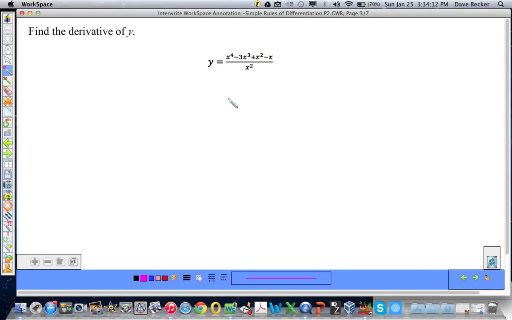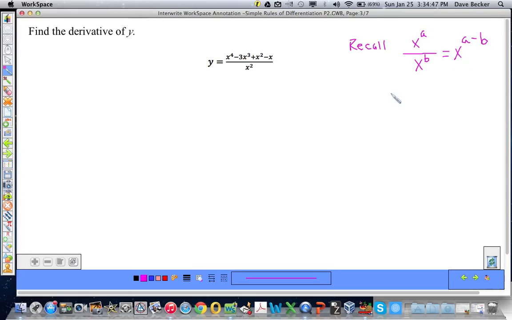So, find the derivative of y, and we have this nasty looking thing. We don't know how to take the derivative of this, but I want you to recall the rules of exponents. If I have x to the a over x to the b, in other words the same base and different exponents, then it's equal to x to the a minus b.